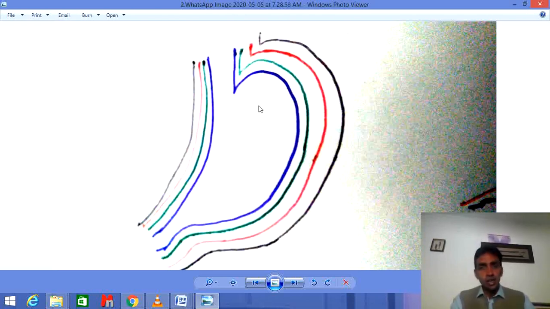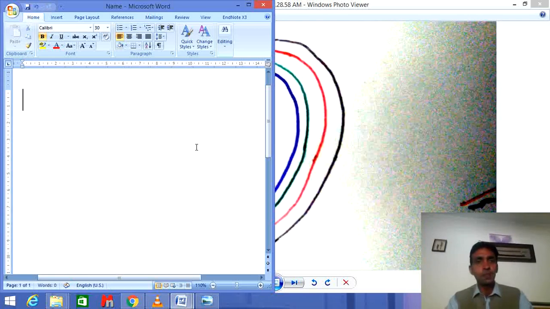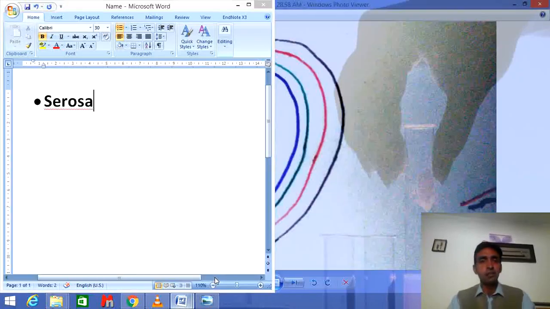Now coming toward this diagram. In this diagram you can see the stomach is composed of four basic layers. The outermost layer, that is black in color, this layer is called serosa. And the next layer, the red layer, is called muscularis.